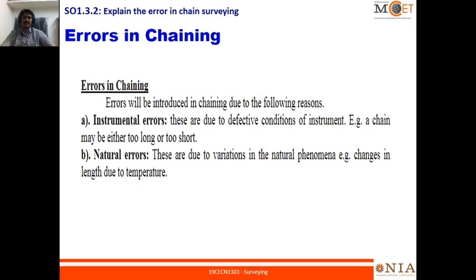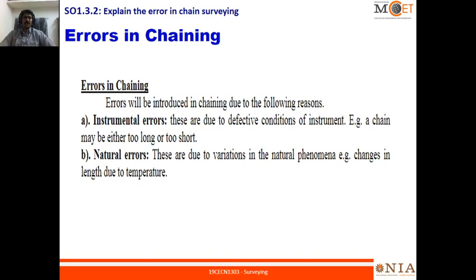One is based on the instrument, that is the chain which we are going to use for measurement. It may be either too long or too short.